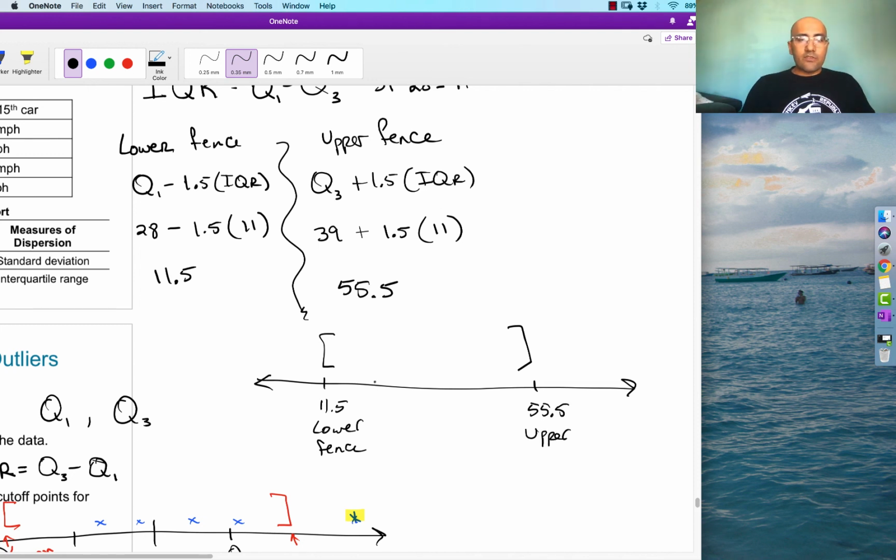And in here somewhere are Q1 and Q3. So most of our scores lie in there. If we look at our speeds, there was 20 miles an hour, 24 miles an hour, 40 miles an hour. They were all in there. But we tossed in one that was way over here at 100 miles per hour. So that qualifies as an outlier because it's to the right of the upper fence.